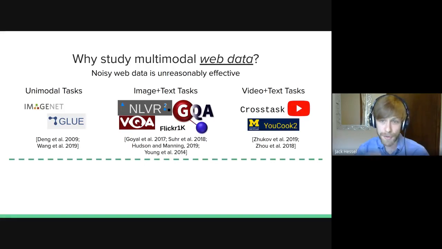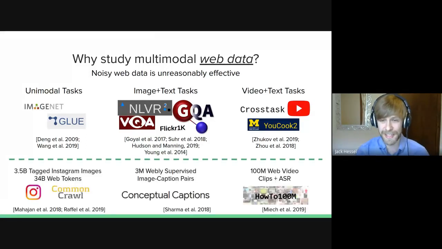If you look at a very broad range of tasks I put up on this slide here, I've put multimodal tasks dealing with image and text understanding, different video and text tasks, and even unimodal tasks. Despite the great diversity of different reasoning that's required for these things, a similar pattern emerges. If you want to get state-of-the-art results on these things, you pre-train representations on usually a very large unlabeled web corpus, and then transfer those representations that you learned onto these downstream tasks.